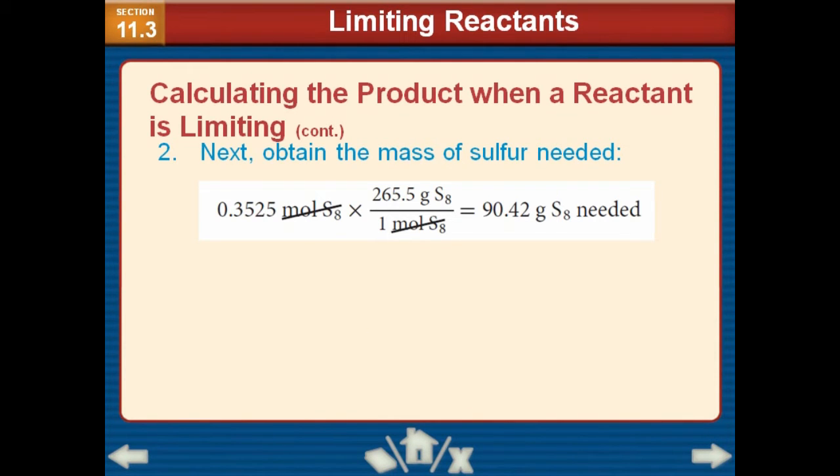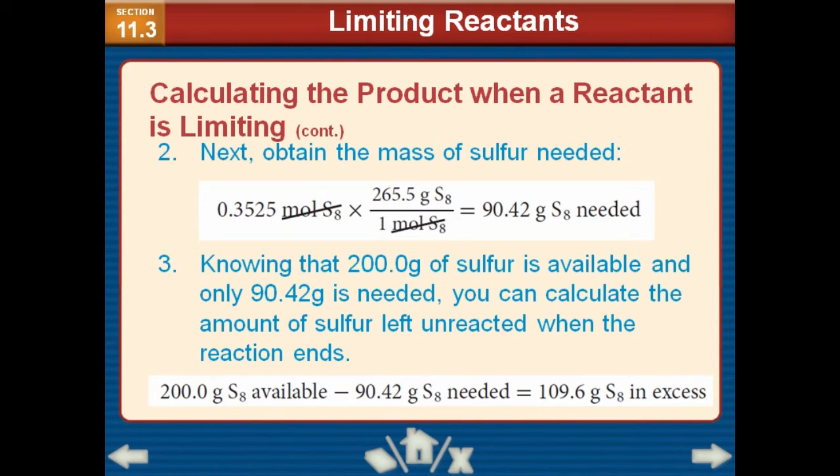Then we're going to convert that into the mass, where we take 0.3525 moles of sulfur from the last calculation, multiply it by the molar mass of sulfur, 265.5 grams over 1 mole of sulfur, and we find out that with the amount of chlorine available, we would use 90.42 grams of sulfur.